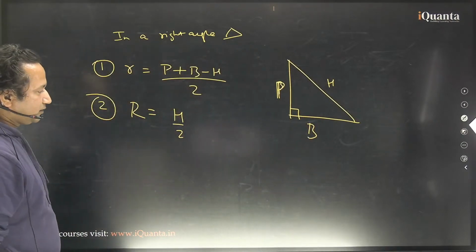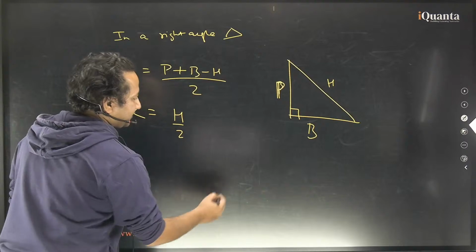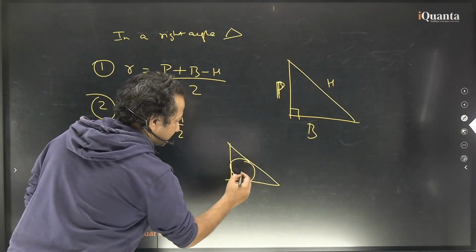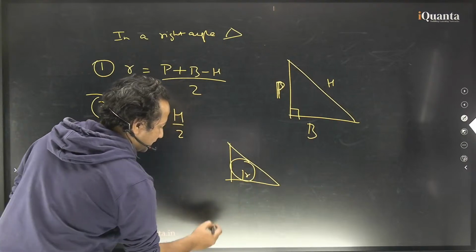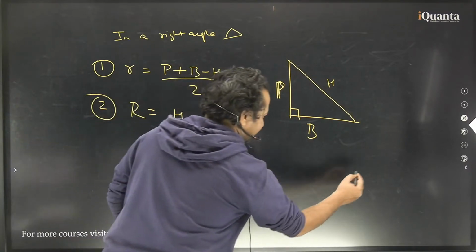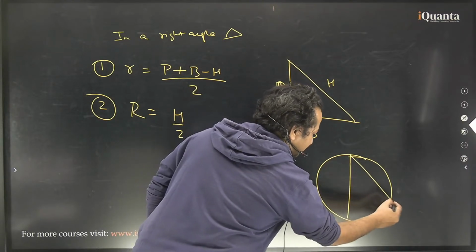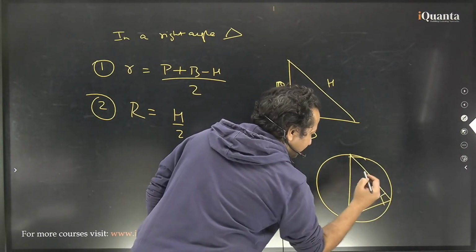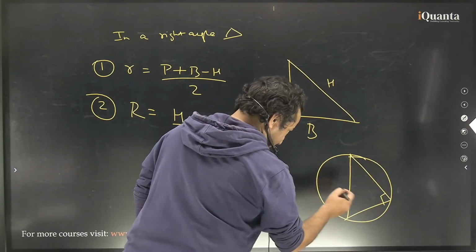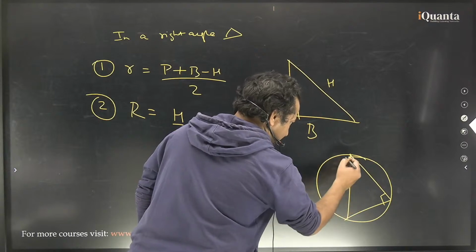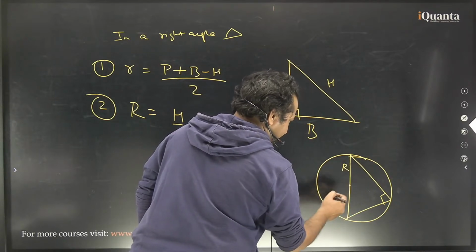Clear? Inradius पता है ना आपको? Incircle का होता है, this is the inradius, and for circumradius, just draw the diagram as well so that you don't forget it. This is the circumradius.